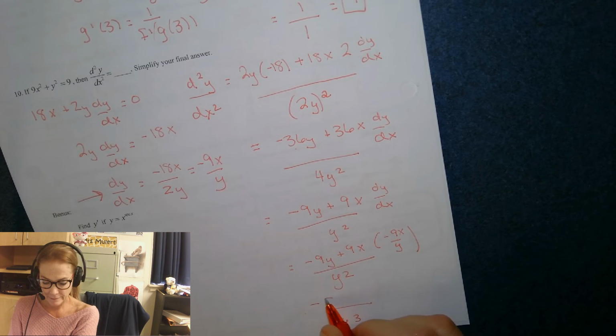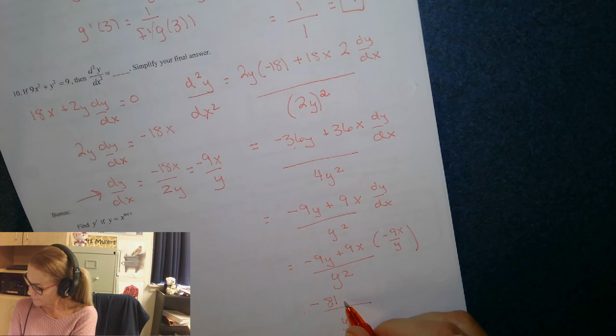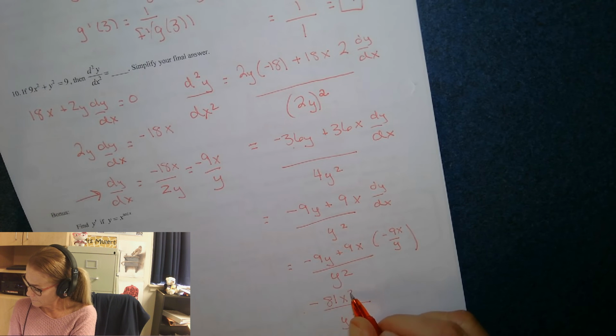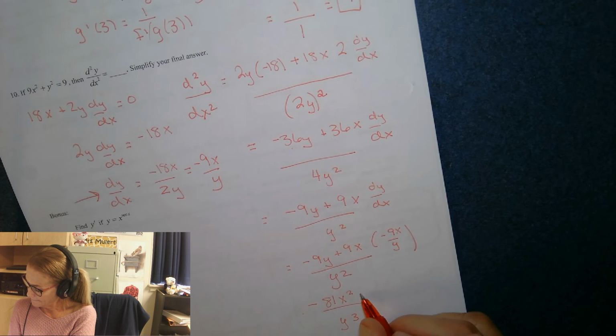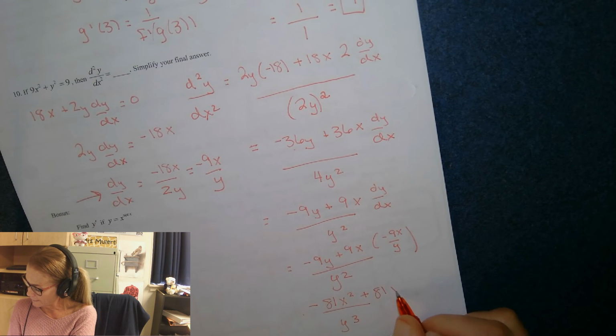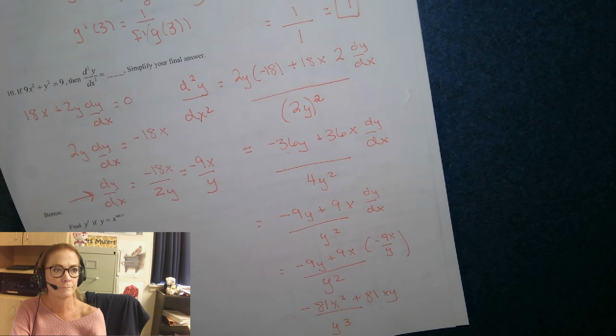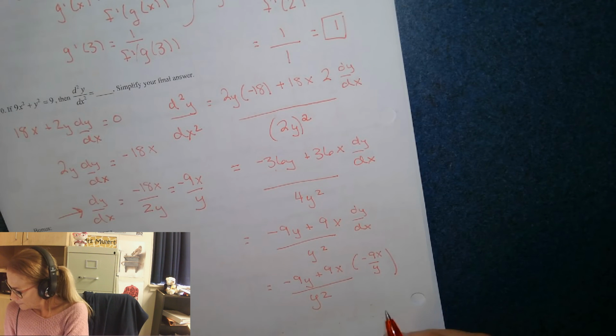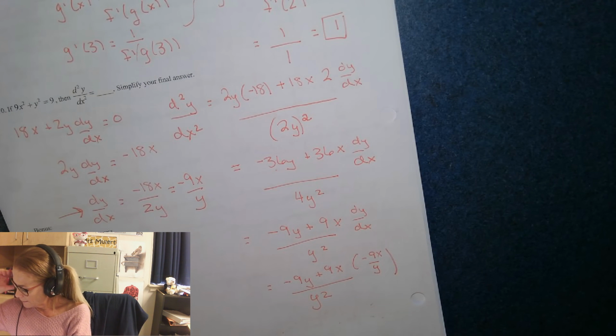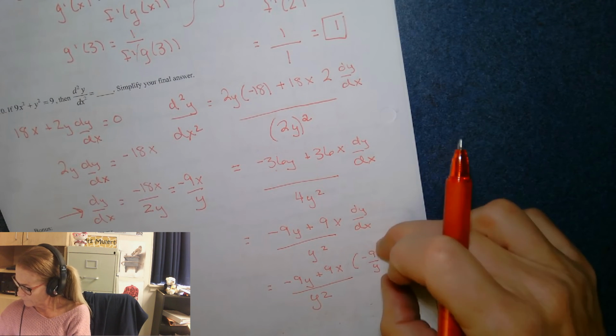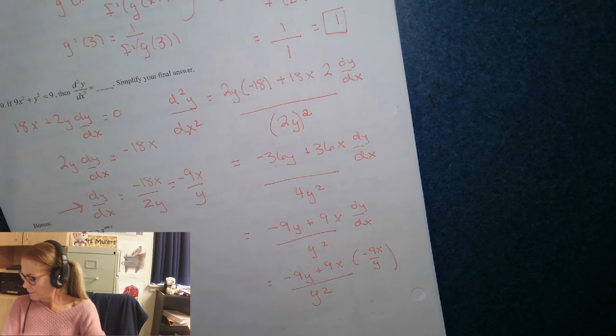So let's do negative 81x squared minus plus 81x. Okay, sorry, my bad, I had to erase. This is strictly in the numerator, sorry. End of the day, I'm tired.